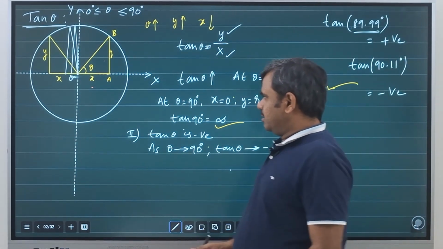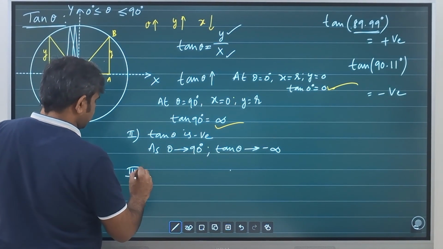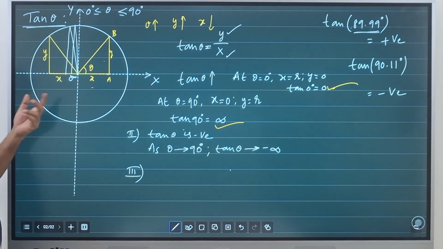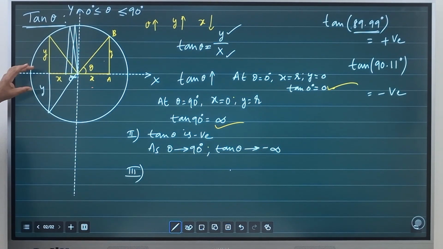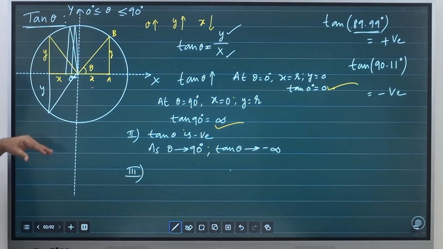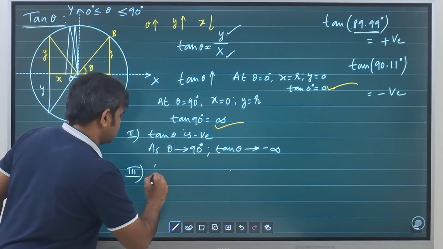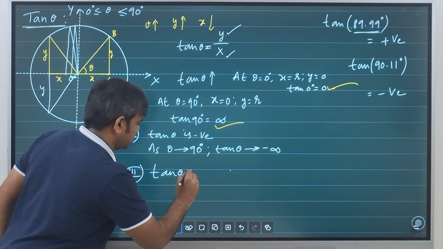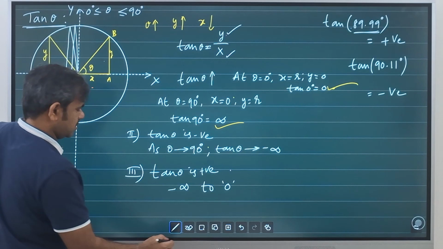Similarly, in the third quadrant, you will get x negative, y also negative. Y is below the x axis, x is left side of the y axis. Numerator is negative, denominator is negative. So in the third quadrant, tan theta is positive.